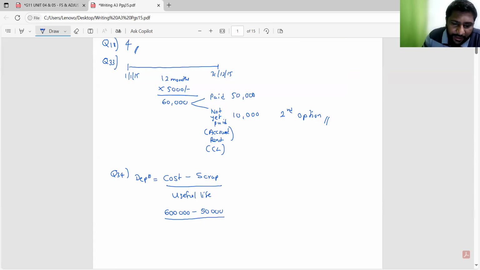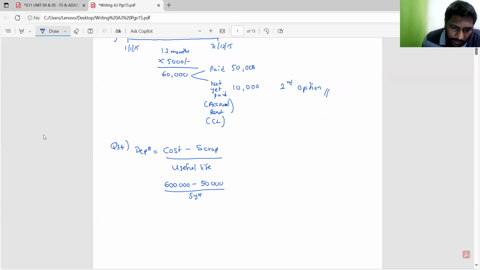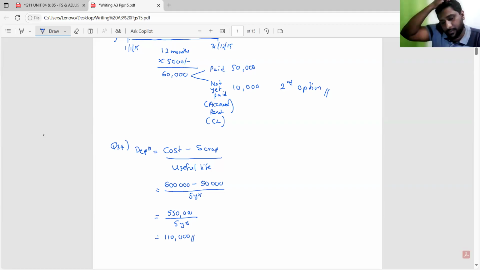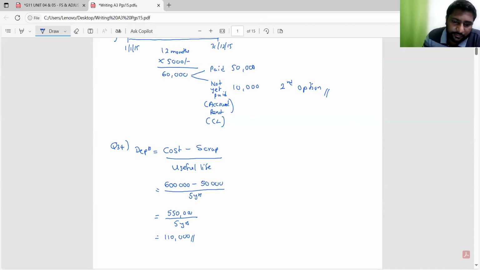Useful life 5 years. Then 550,000 divided by 5 years. Then for a year, 110,000 depreciation. That is there in the first option.